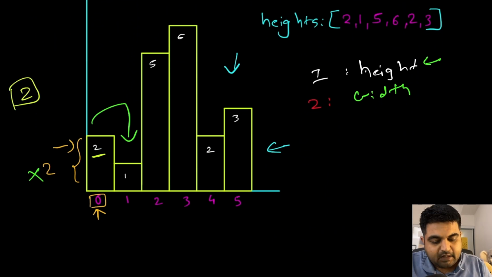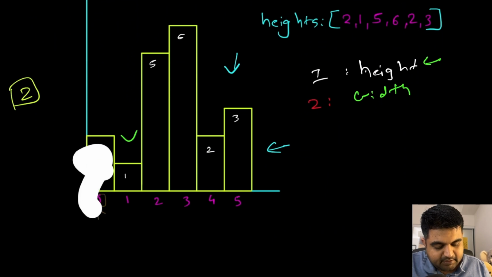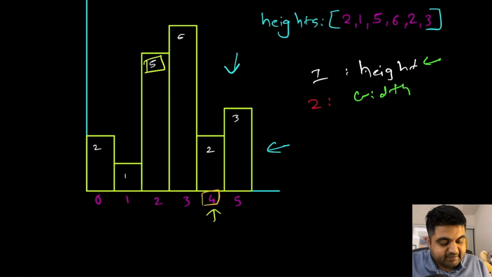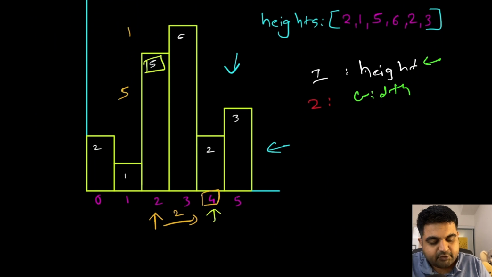Okay. Now another example is the value number 5. With value number 5, we can use rectangle 5 or bar 5 only until we reach this index position number 4, which means the maximum area this bar 5 can make is going to be of width 2 and height 5, so total is going to be 10.